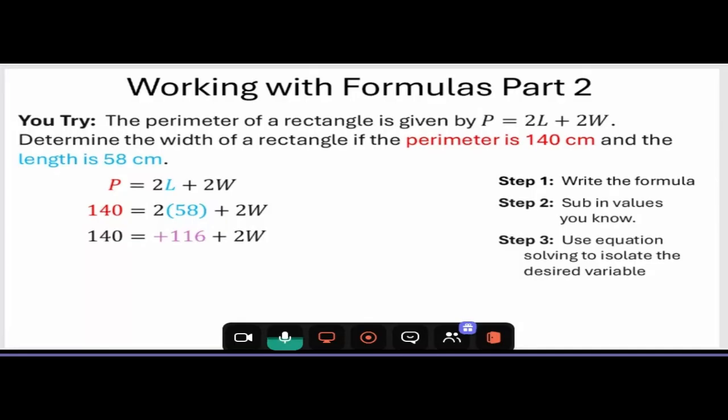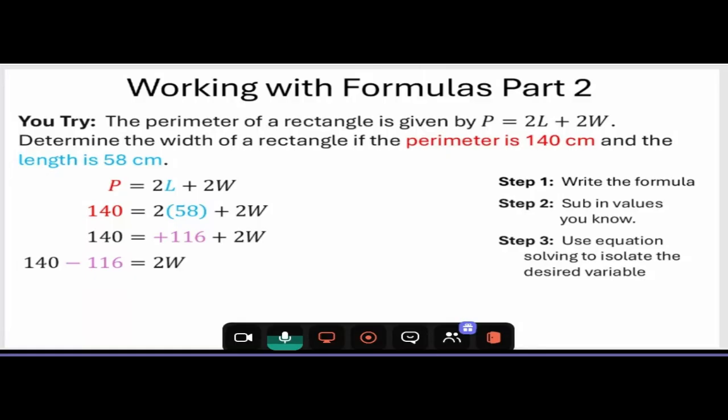What do we do with an added 116 on the right? We turn it into a subtracted 116 on the left, knowing in the back of our head that what we really just did is subtract 116 from both sides, which made this one go away. So 140 minus 116 is 24.